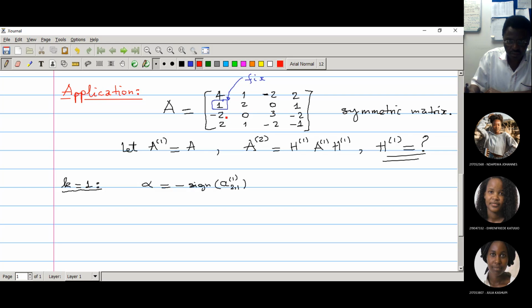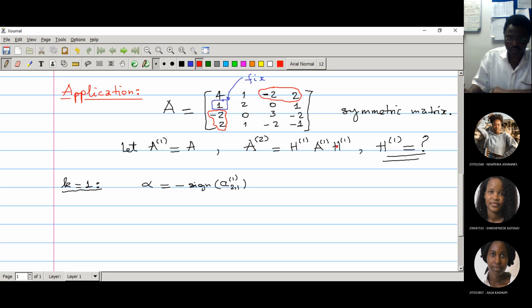And because we are tridiagonal, remember, tridiagonal means this should be 0. This 2 should be 0. And automatically, because we multiply on both sides, you also zero this one. So that's the first step when we say K equal to 1.